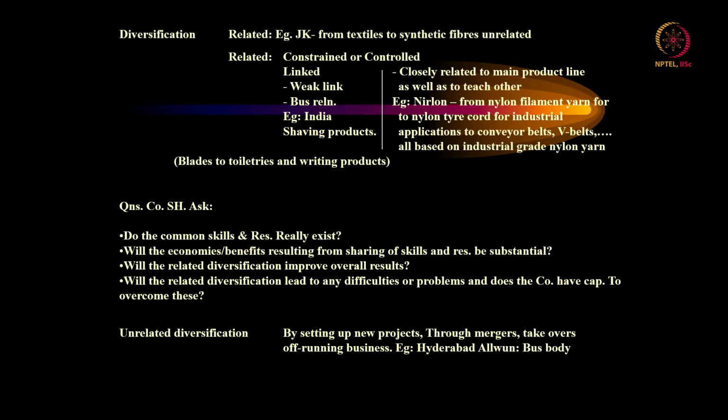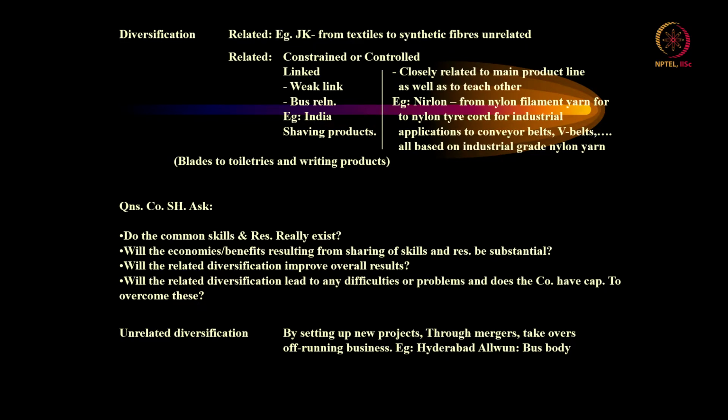So, the questions that you should ask are whether the common skills and resources really exist. Will the economy's benefits resulting from sharing of skills and resources be substantial? Will the related diversification improve overall results?